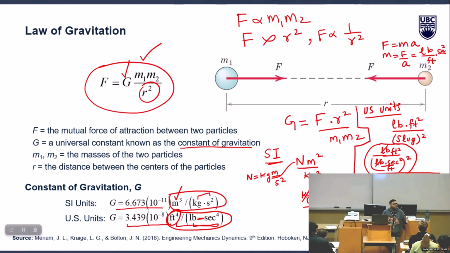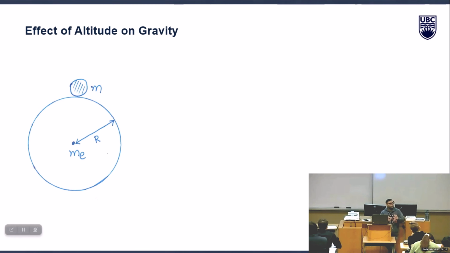The rotation of Earth, or the very fact that we are also rotating with it, actually modifies the force of attraction which we feel on the surface of Earth. So the last topic in this chapter would be the effect of altitude on gravity, and then second will be the effect of rotation of Earth on gravity.